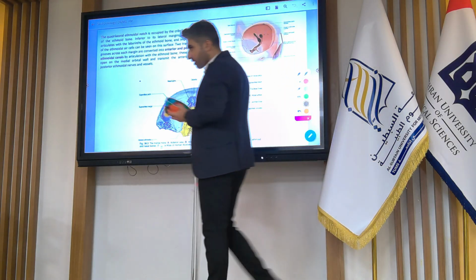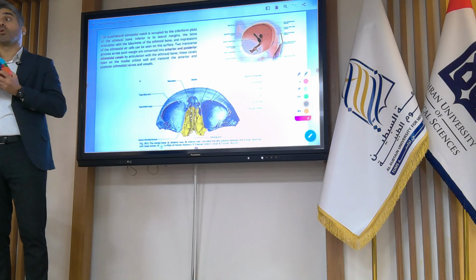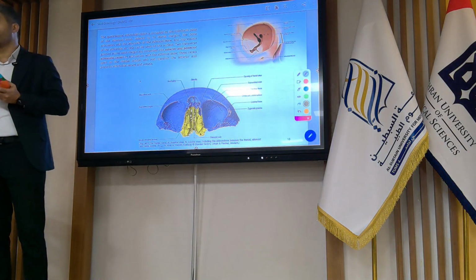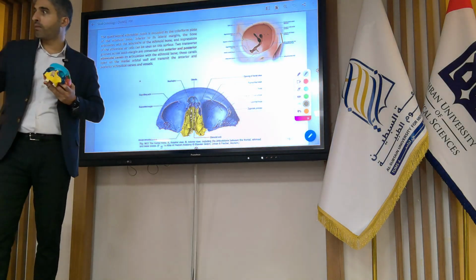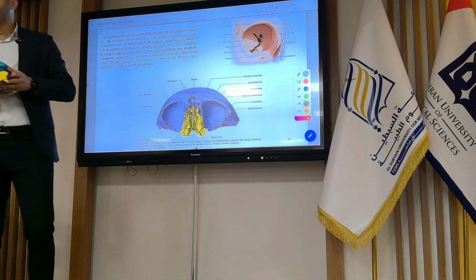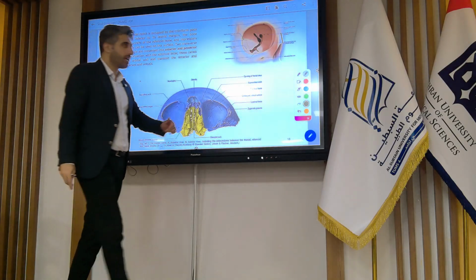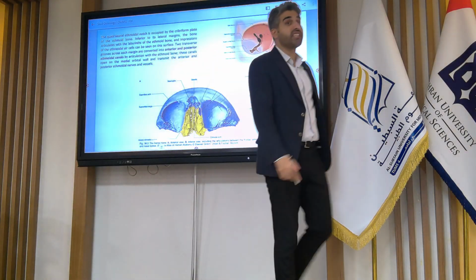Internasal suture. Like the intermaxillary suture, between two maxillary bones. When two bones have the same name, you say inter, between them. Intermaxillary suture, internasal suture. And nasion is here.